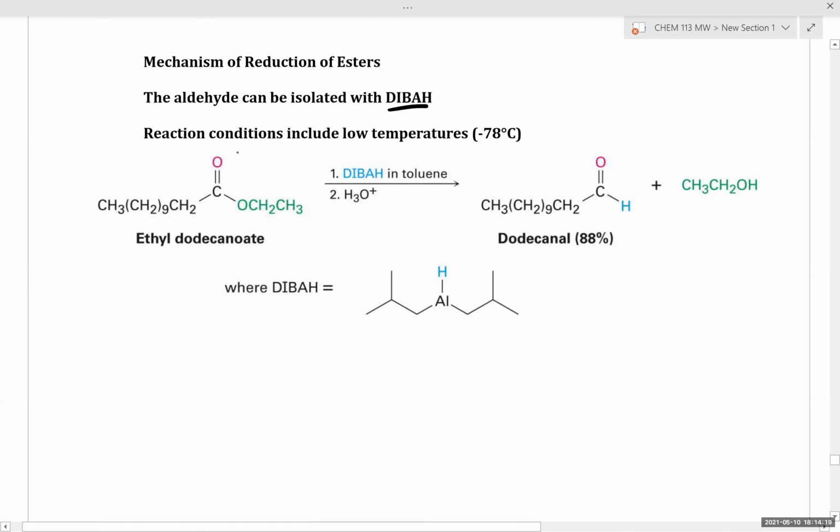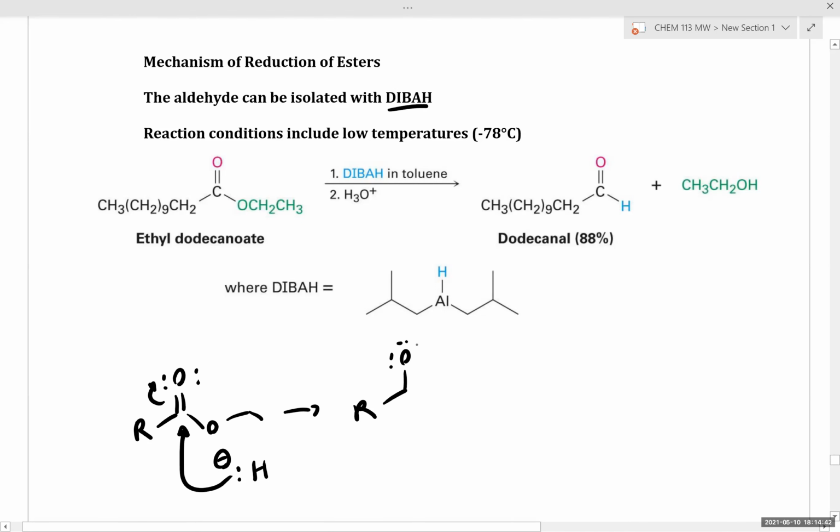So the actual mechanism for a DIBAL reduction is almost identical to the generic mechanism for ester reduction. The only caveat being that DIBAL allows you to control your reduction to favor only the mono reduction product. So it actually allows us to isolate the aldehyde.